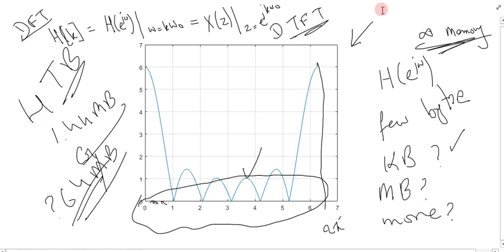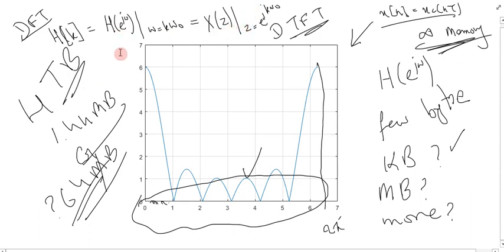You have studied in chapter number 4 that you can get samples by sampling your continuous time signal like this. So it is the same sampling, with sampling interval omega naught, but this sampling is in frequency. So you can get the discrete Fourier transform by sampling the discrete time Fourier transform or the Z transform of your signal.